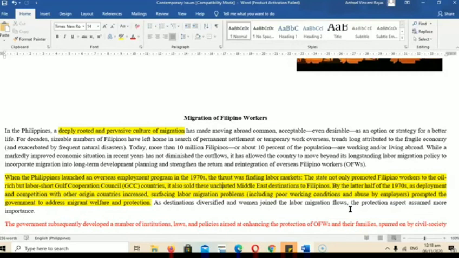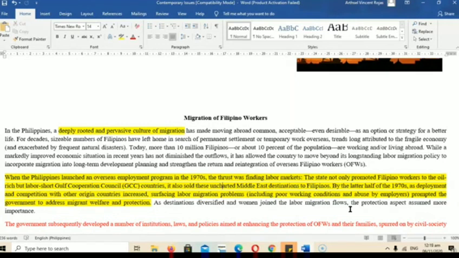But when we say movement from province to province in the same country, we call that regional migration, because it is only done inside a country. For example, we move from northern Mindanao to the Cagayan Valley region, or from the Visayas region we move to Luzon. So this is just a regional migration.